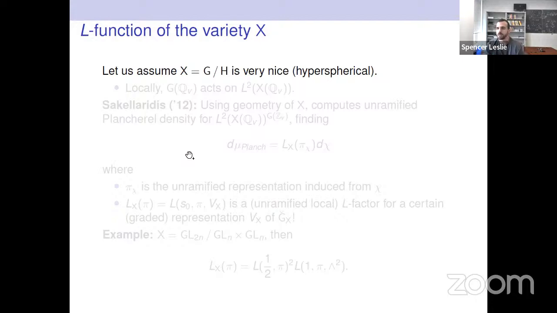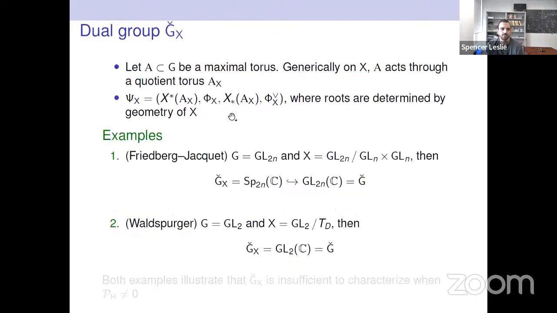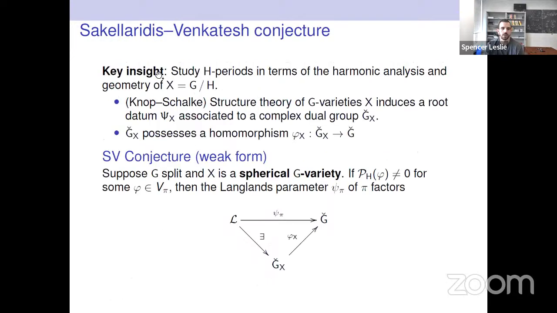So I'm assuming for this slide that my variety is particularly nice. One thing that I should have mentioned on this slide is that Sakellaridis and Venkatesh make some pretty strong constraints on the homogeneous space G mod H. The periods that are actually of interest to a lot of applications, we sometimes maybe aren't able to handle in their language.